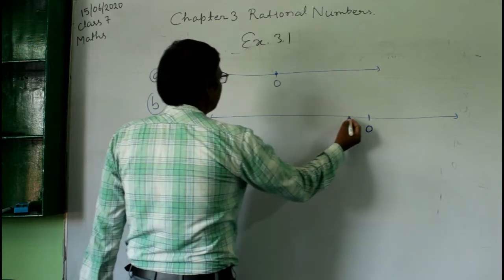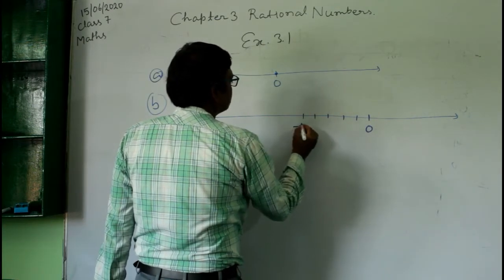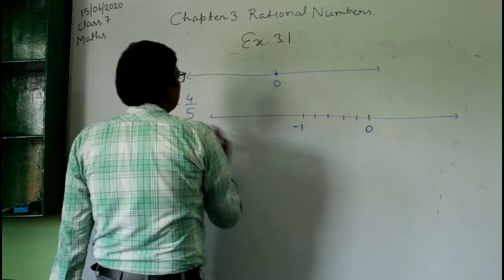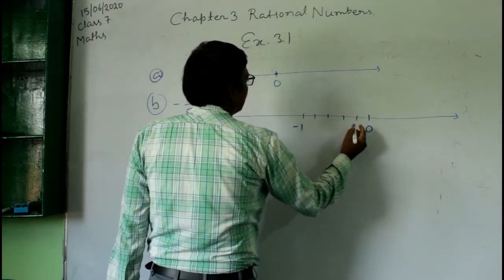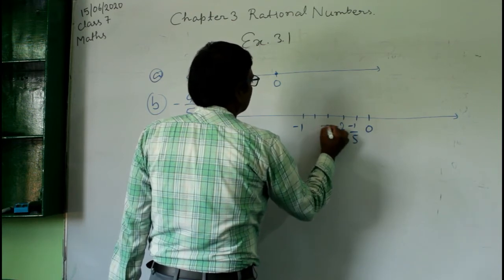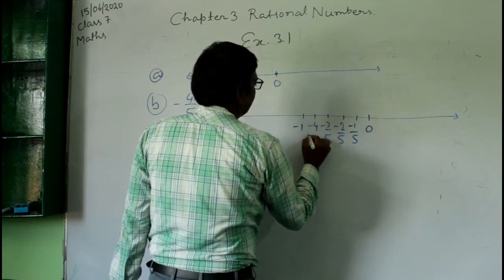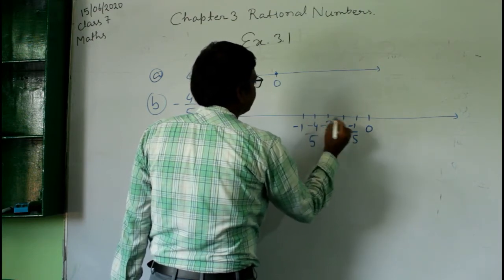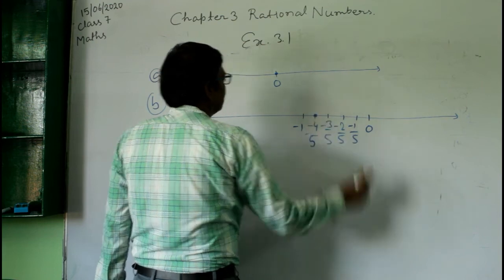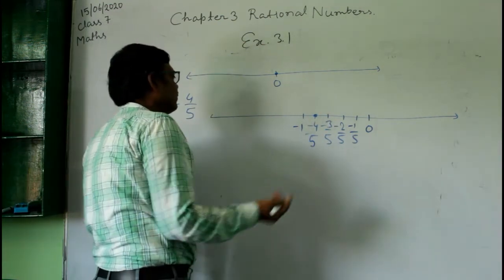Now take here 5 equal parts, that is 1, 2, 3, 4 and 5. So this is minus 1, and therefore this will be minus 1 by 5, minus 2 by 5, minus 3 by 5 and this is minus 4 by 5. So this point will be the number minus 4 by 5. So in this way you can represent this number.